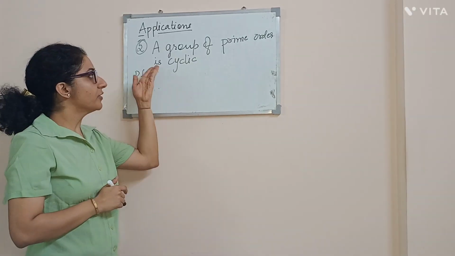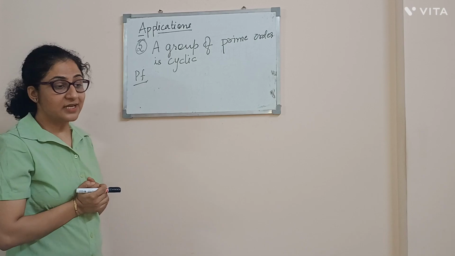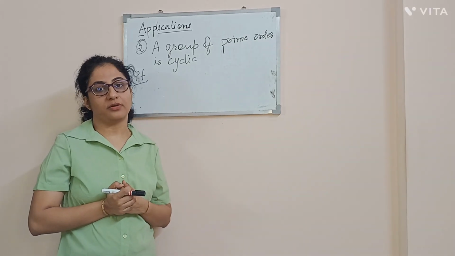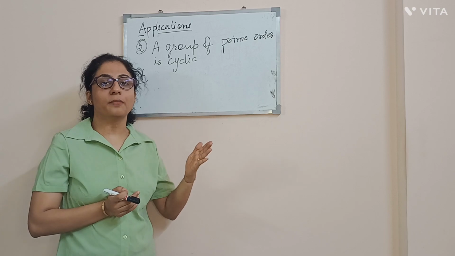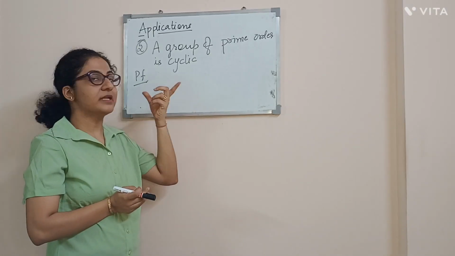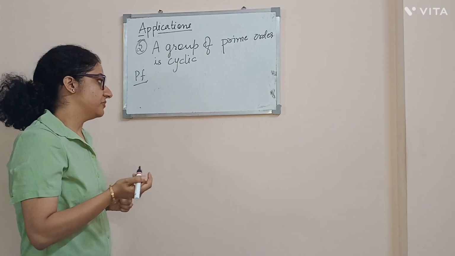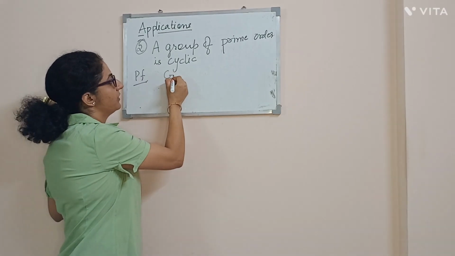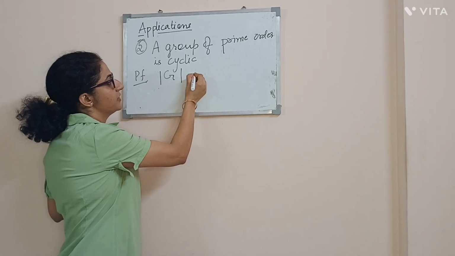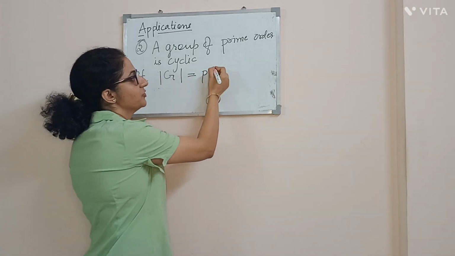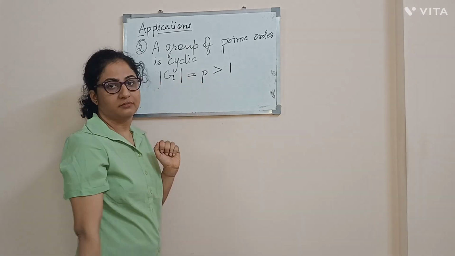Now let's come to the next application. It says that if we have a group of prime order, that group has to be cyclic. So a group of prime order is cyclic. Let's assume that G is our group of prime order. So the order of G must equal some p, and it is prime, so it has to be greater than 1.